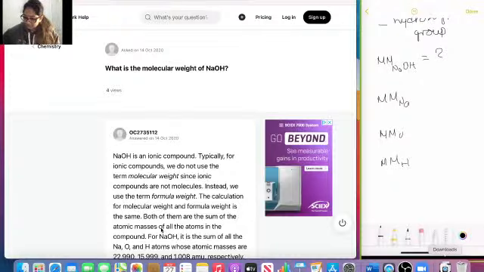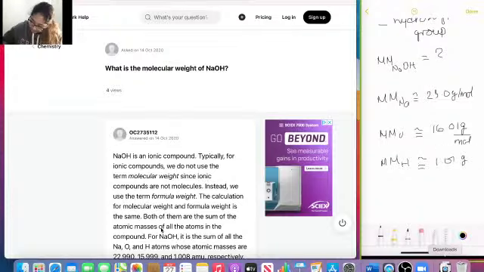So we can say that the molar mass of sodium is approximately 23.0 grams per mole. For oxygen, it's 16.1 grams per mole. And approximately for hydrogen, it's 1.01 grams per mole, okay?